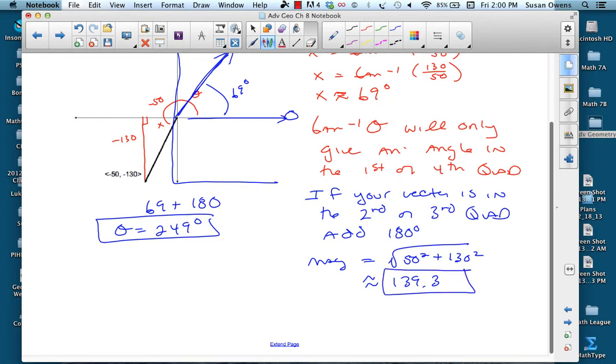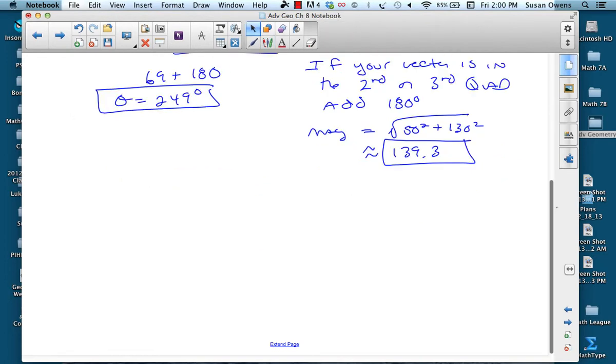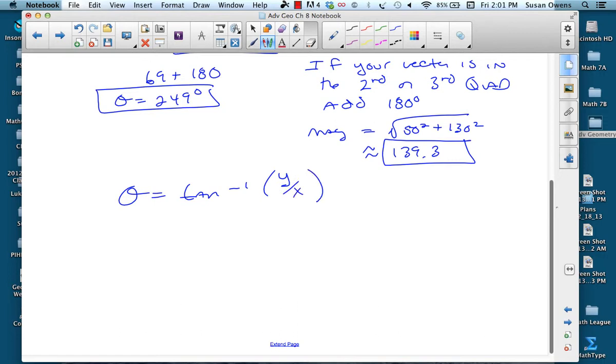Okay. So here are the two formulas to go backwards. The angle is always going to be the inverse tangent of y over x. Make a note. If you're not using north, south, east, west, you have to do this. If your vector is in the second or third quad, add 180.